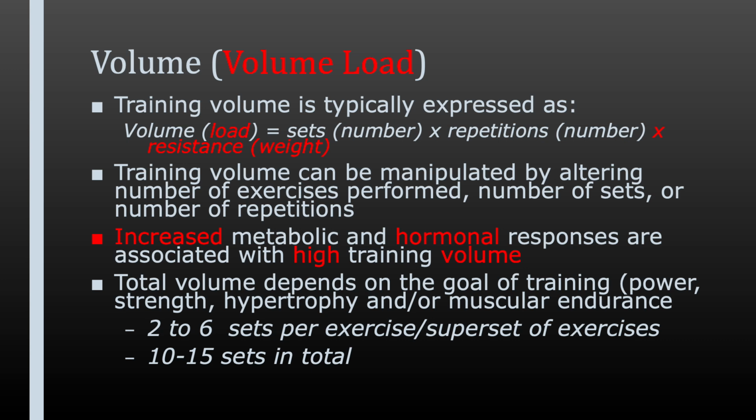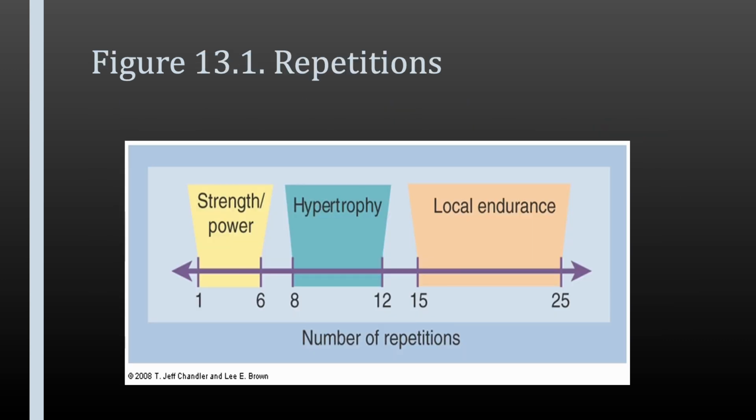So in total, for a training session, we should have roughly 2 to 6 sets per exercise or superset of exercises. In total, we should have roughly 10 to 15 sets throughout your entire workout, which would roughly be about an hour, give or take. So how many repetitions should we complete for a specific goal?